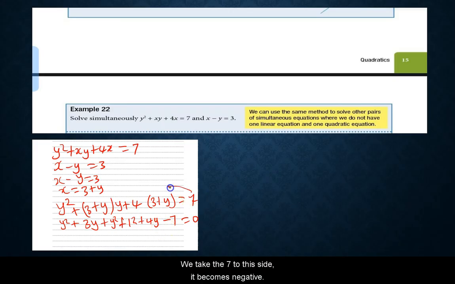You take the 7 to this side, it becomes negative. When you simplify, we have 2y squared plus 7y plus 5. This is equal to 0.